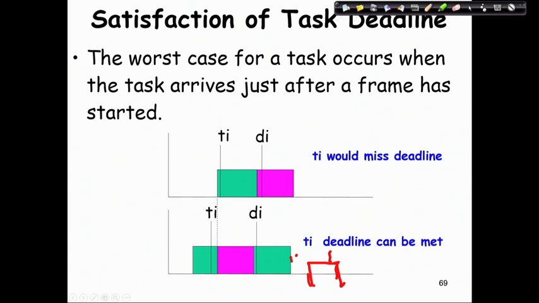So, let us look at the satisfaction of the task deadline. We just saw that the worst case for a task occurs when the task arrives just after the frame has started, because if the task arrives towards the end of a frame, then in the next frame it can be taken up.